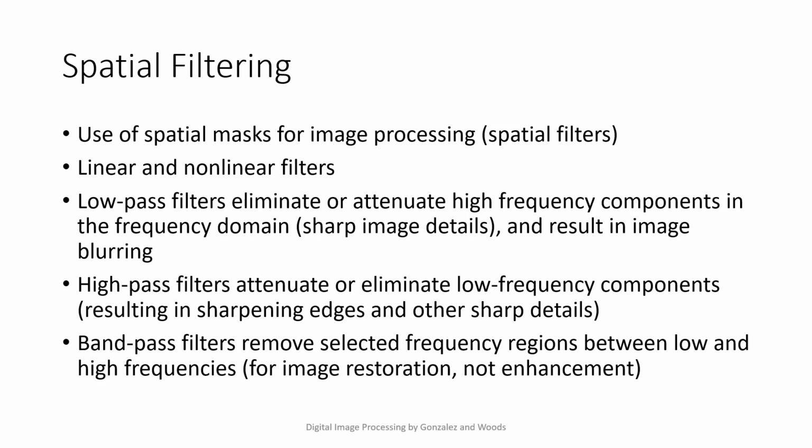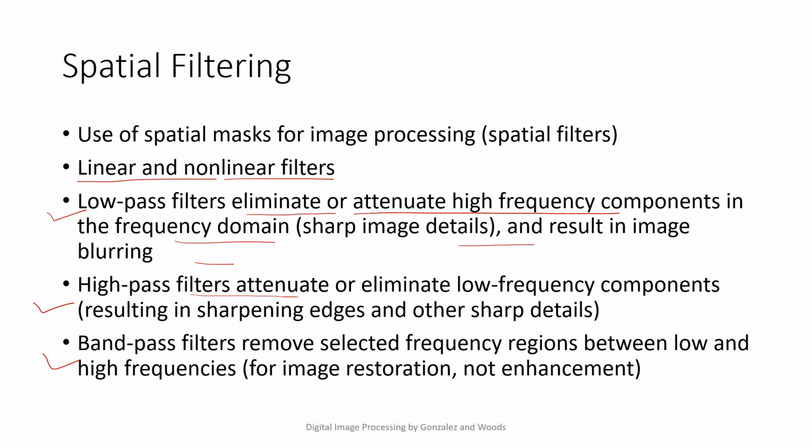So, the use of special masks for image processing. Filtering is also known as masking, and why we do that, we'll see. There are two types of filters: linear and non-linear filters. In DSP you must have studied low pass, high pass and band pass filters. A low pass filter eliminates or attenuates high frequency components in the frequency domain and results in image blurring.